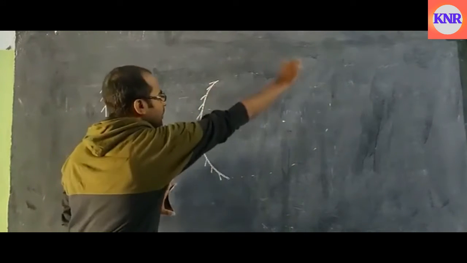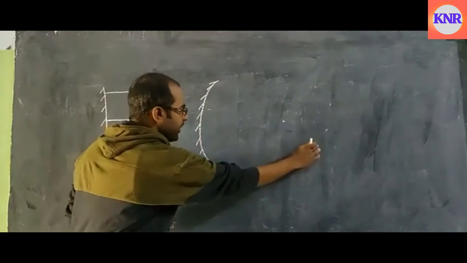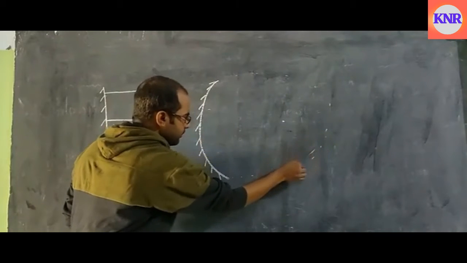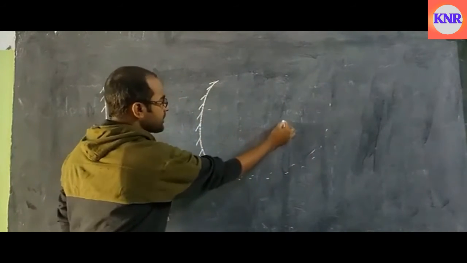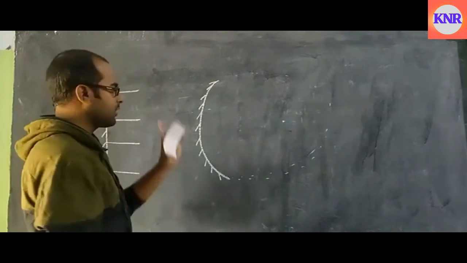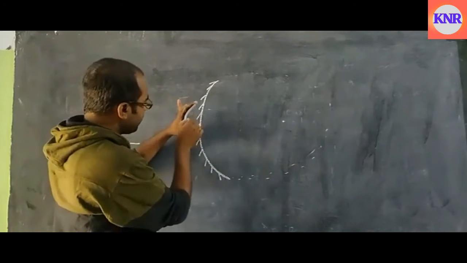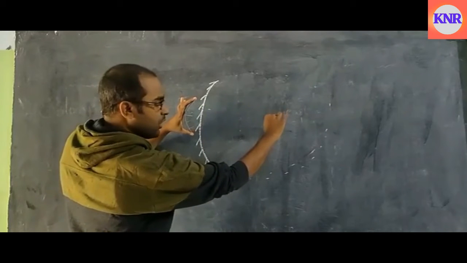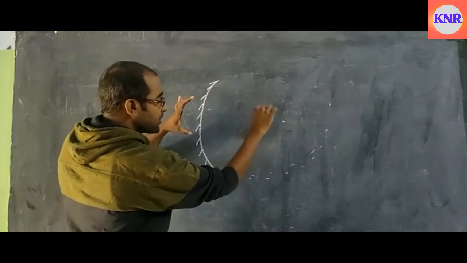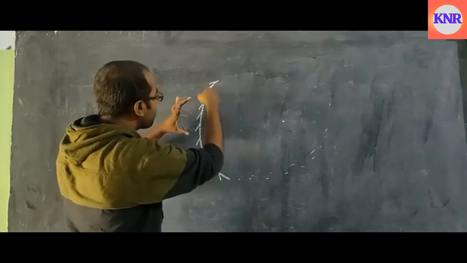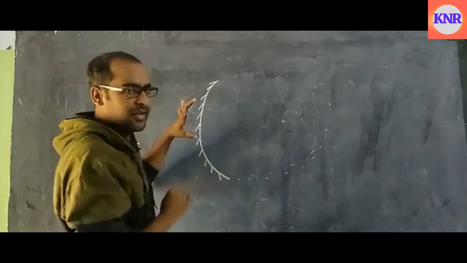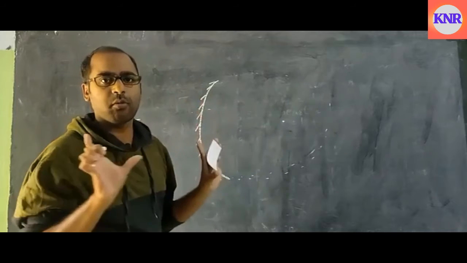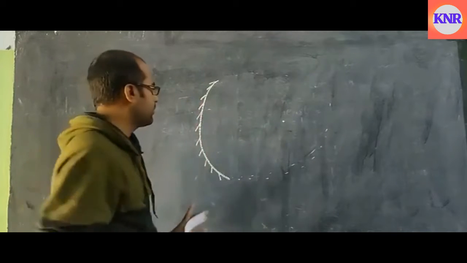If you extend this one, it will be a sphere, and it will have a center. So all these normals tend to converge at a point. That means from the center of the sphere to any point on the mirror, the lines represent normals. Is it clear now?